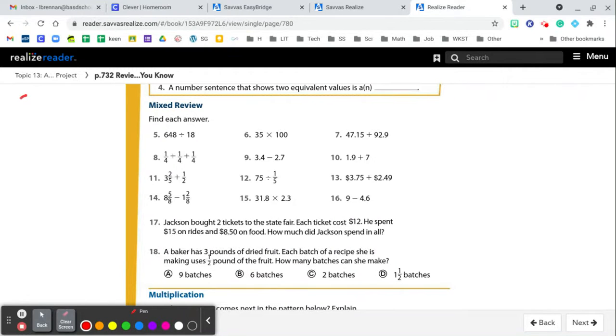So number 5 is 648 divided by 18. And 18 goes into 64 3 times. And the answer is 54.